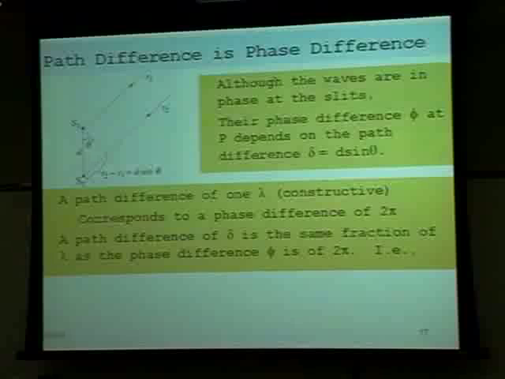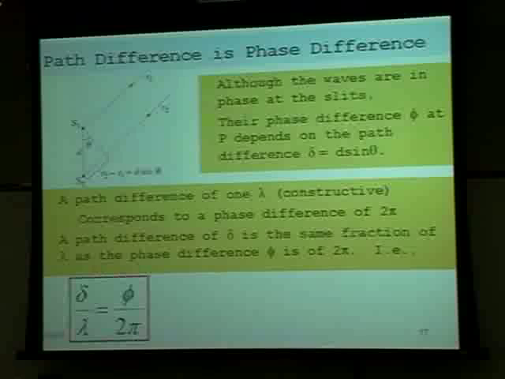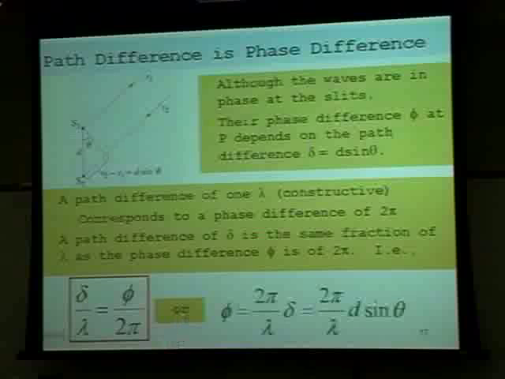or one full cycle of phase difference of 2 pi. So any kind of path difference that's a fraction of the wavelength would be a fraction of 2 pi in phase. And we could say it this way, that our path difference sigma over the wavelength is equal to our phase difference phi over 2 pi, which I could write as phase difference is equal to 2 pi over lambda times sigma, 2 pi over lambda times d sine theta.